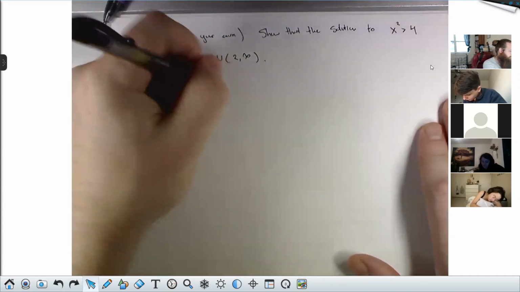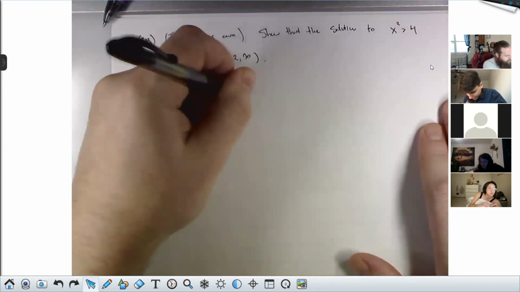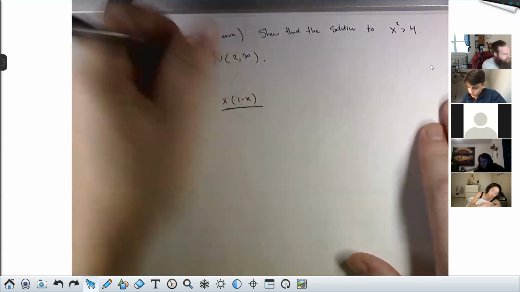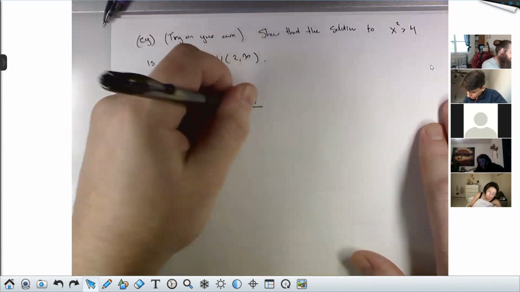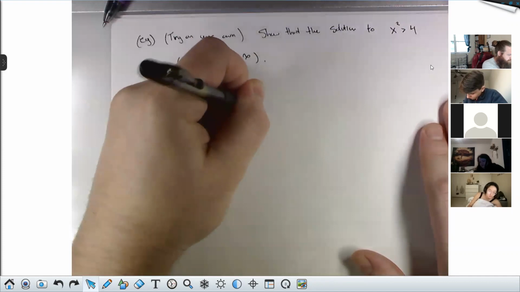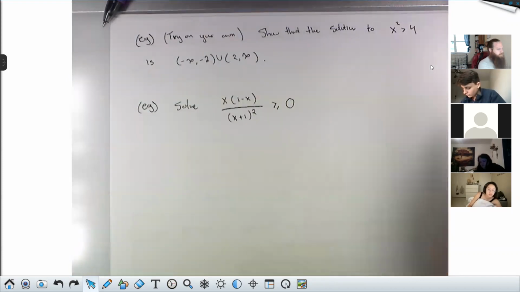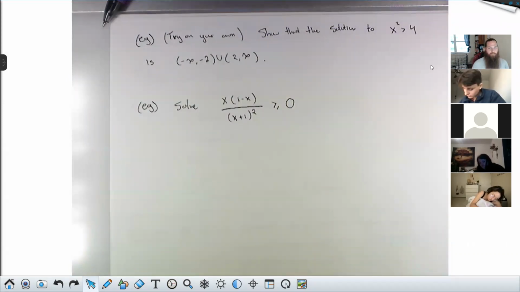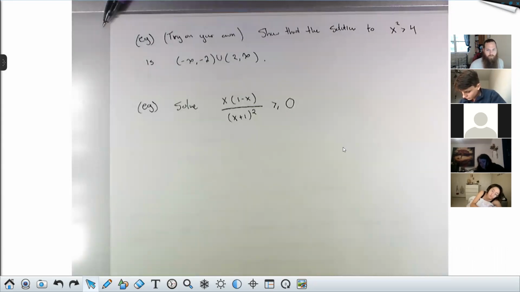Let's do something a little more complicated. Certainly this is a nonlinear inequality, right? You've got x's downstairs, you've got x's being raised to powers.